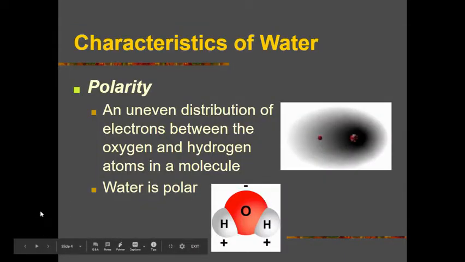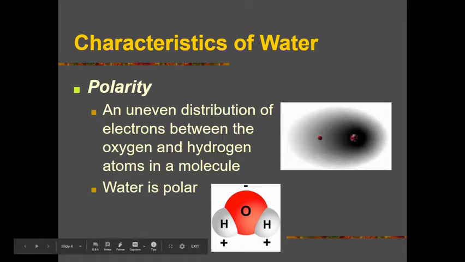Now, water actually is a polar molecule. And in a polar molecule, there's an uneven distribution of electrons. And so these diagrams are showing how water is polar, where we have a different distribution of the electrons. We have more over here and less over here.